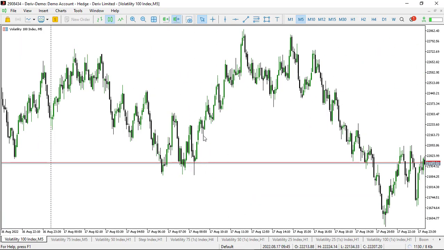This is still V100, and this being the 3-pin anchor, we can be looking for continuation trades to buy, and these are all opportunities for us to get into the trade and buy. And this also being the anchor, the M, we are looking at continuation trades like this to sell, right?